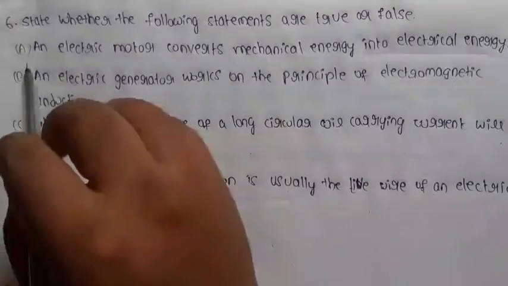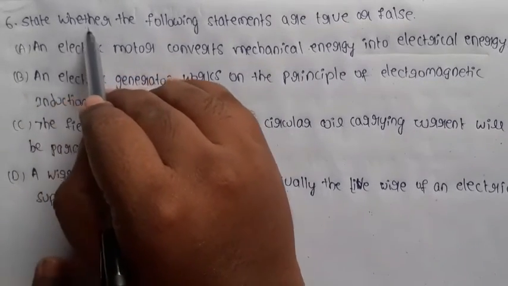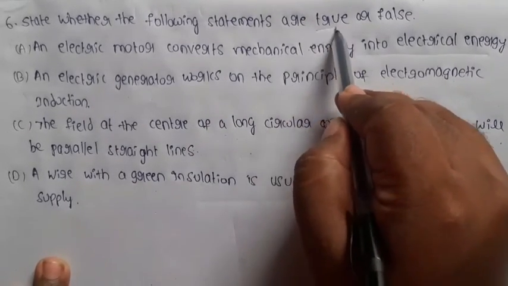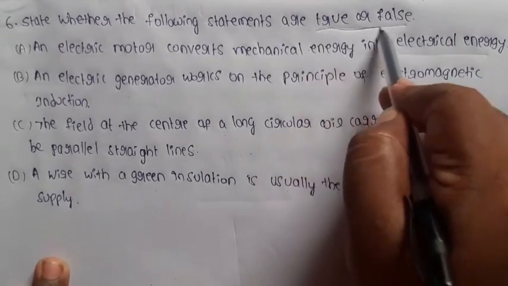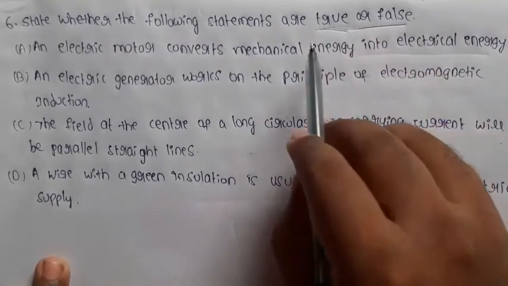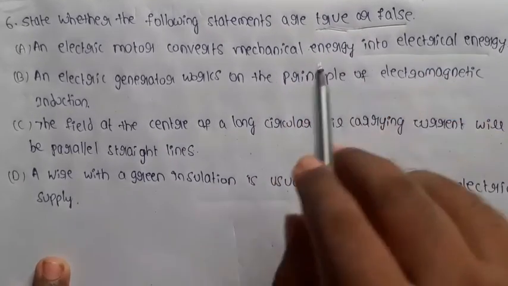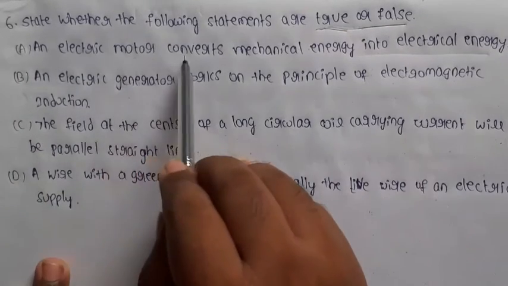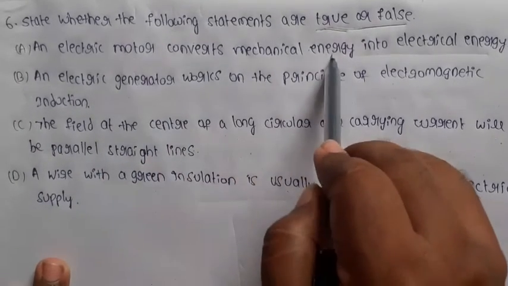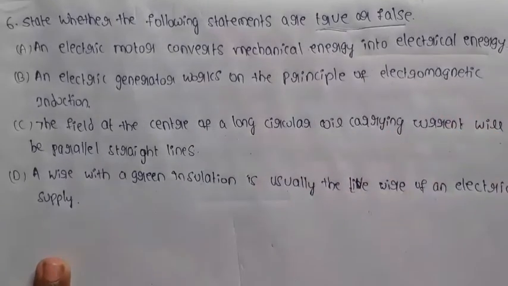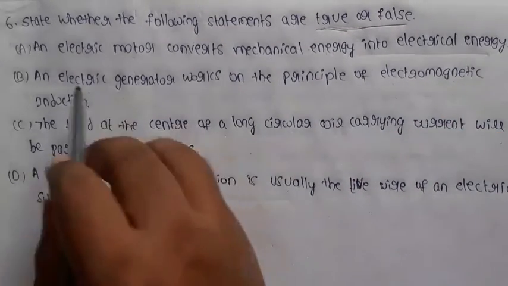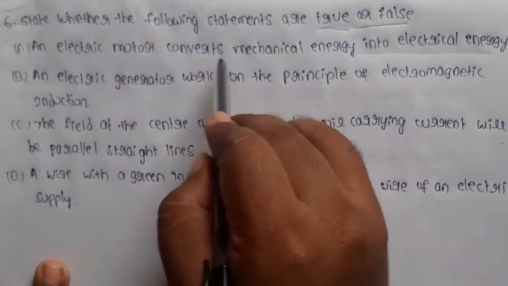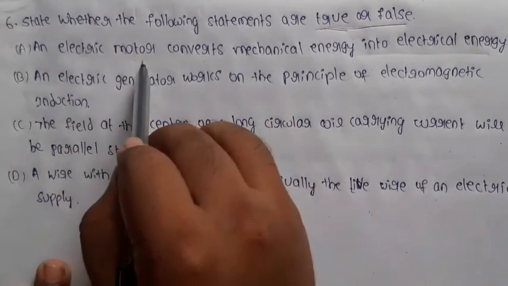Next question. State whether the following statements are true or false. Here some statements are given, and we are going to find which statement is true and which is false. So first one, an electric motor converts mechanical energy into electrical energy. We have already studied the electric motor.